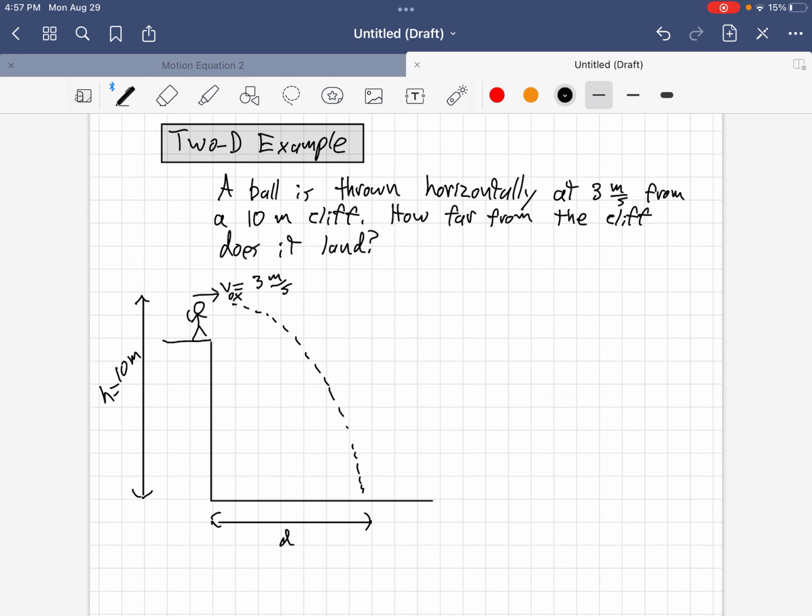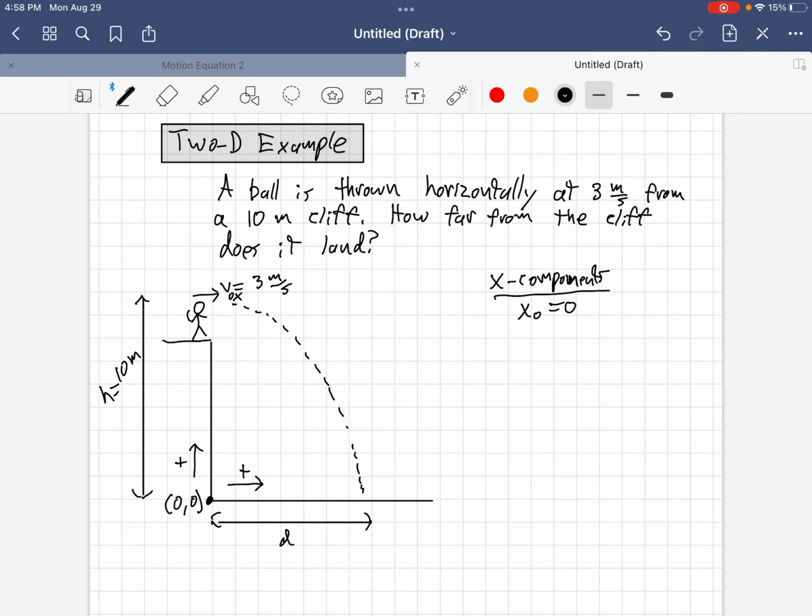So let's write down everything we know about the x components of this problem. All right, so we know that x naught is going to be equal to 0. Let's say we define our axes, right? So we're going to say this point is 0, 0. And that's in the positive direction, and that's in the positive direction.